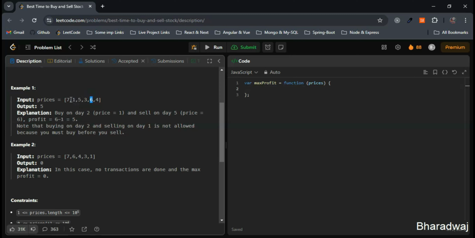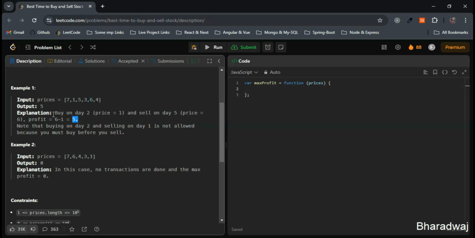We cannot sell on 7, because we cannot sell on a previous day; we have to sell on a future day. So if we buy at 1 and sell at 6, we'll get a profit of 5.